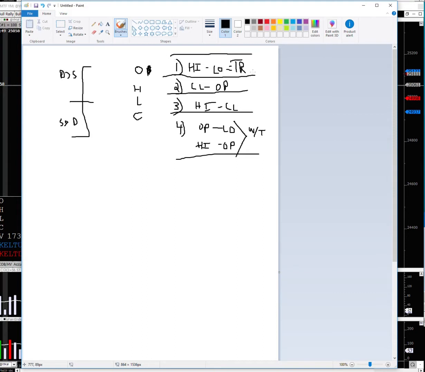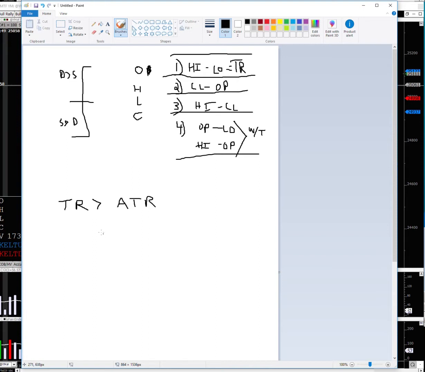But the data by itself is not going to help. What you need to do is compare it. There's a very easy way of doing this. You take one, for example the range, say the TR, and you compare it to the average true range and see if it's greater or less than.